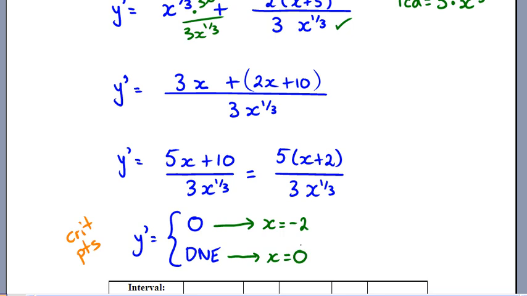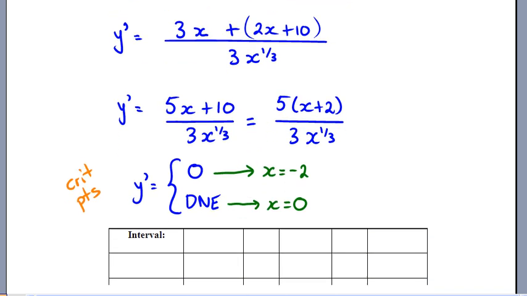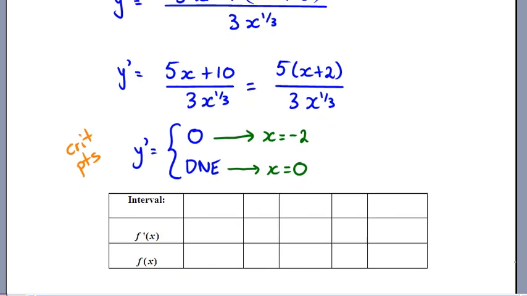Now, this is neat because the original function at the top of the page is okay if you put 0 in for x. There's no division by 0. It's fine. It's a point on the graph. But now we've got this critical little moment where the derivative doesn't know what to do at x equal to 0. So our number line gets cut at -2 and at 0, right? These are x values.